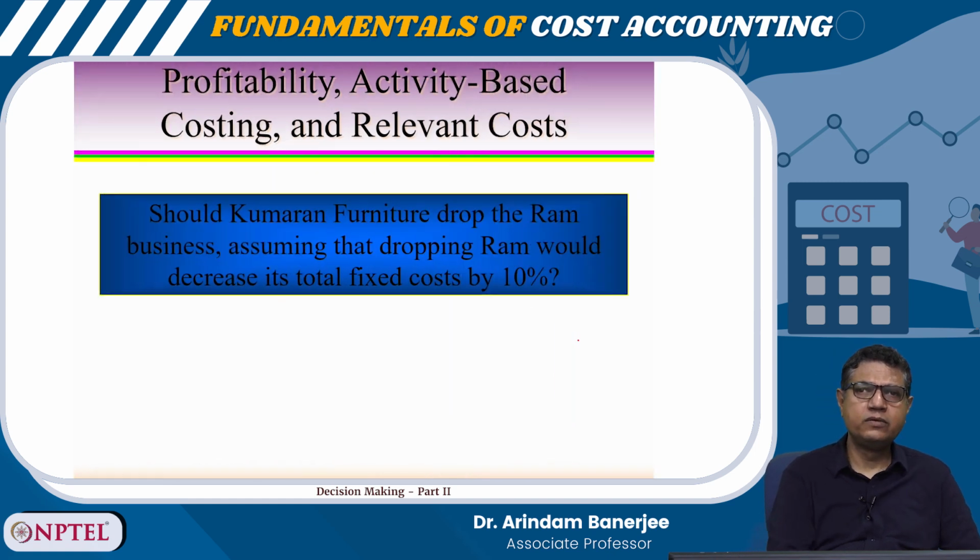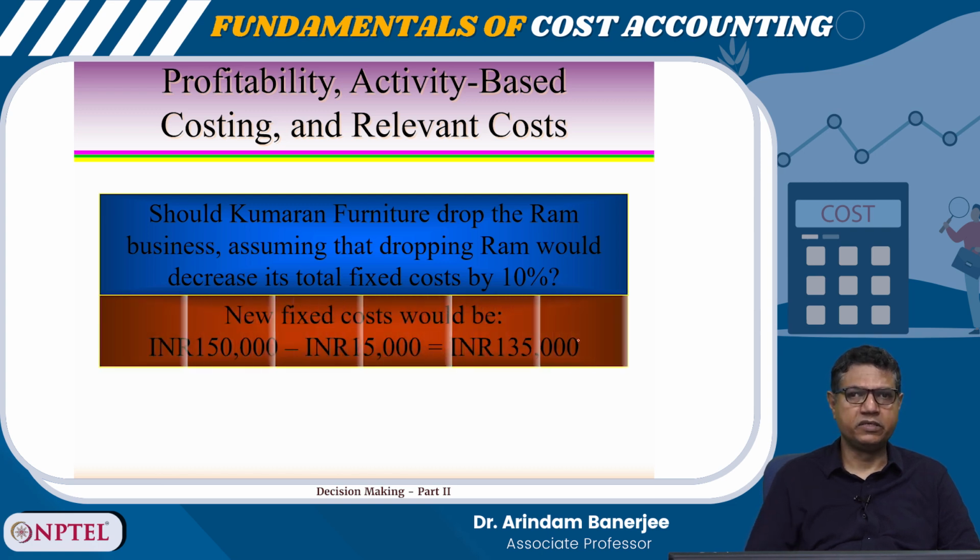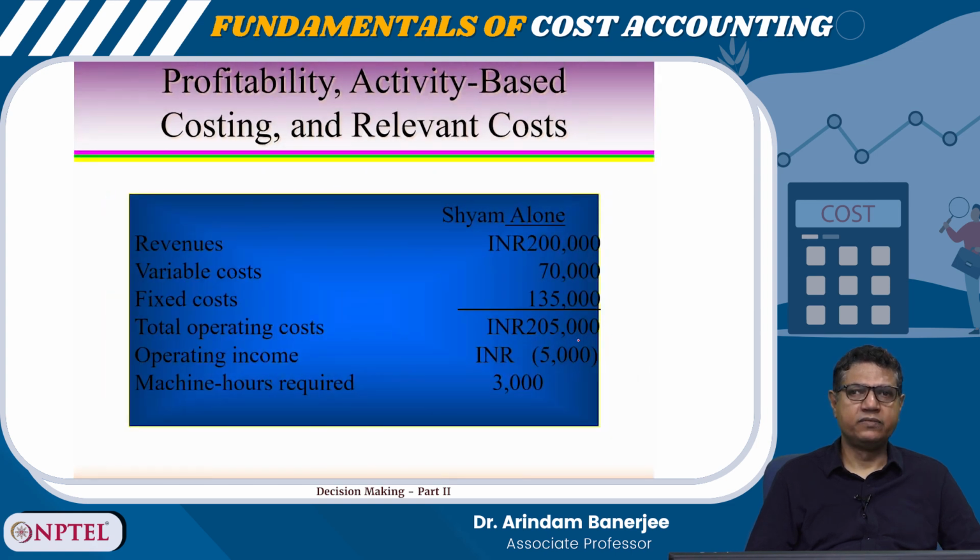Now, should Kumaran Furniture drop Ram's business, assuming that dropping Ram would decrease the total fixed cost by 10%? So 1,50,000 is the total fixed cost, and if it drops by 10%, it will be 1,35,000. Now in the new situation, the revenue will be 2 lakh, variable cost 70,000, fixed cost 1,35,000.